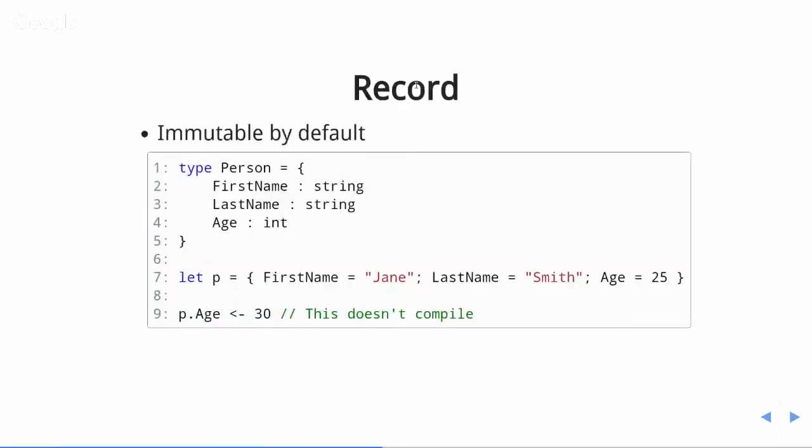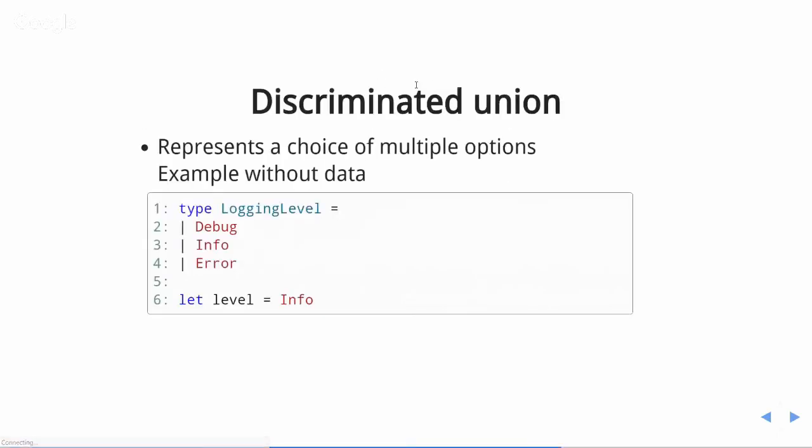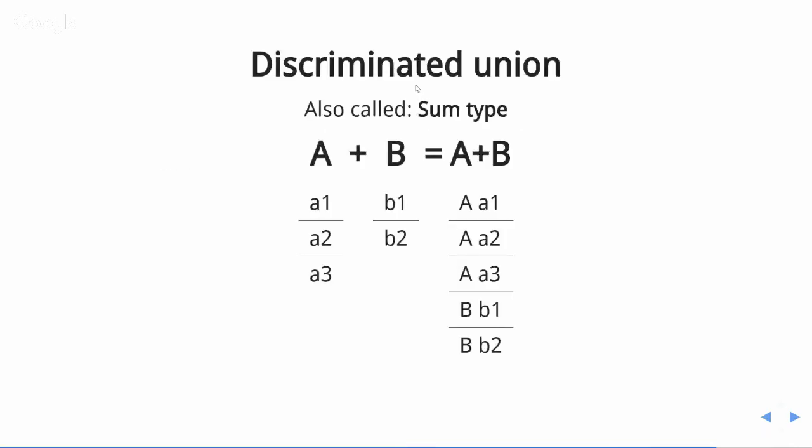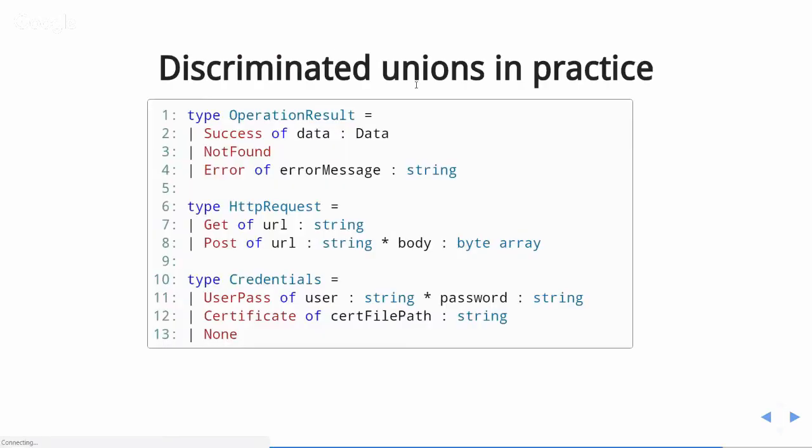And this example might seem a bit specific, but actually these discriminated unions pop up all the time in general domains, in all sorts of business logic. And finally, let's just look at a couple of examples of what other things can be nicely represented with this kind of data type.